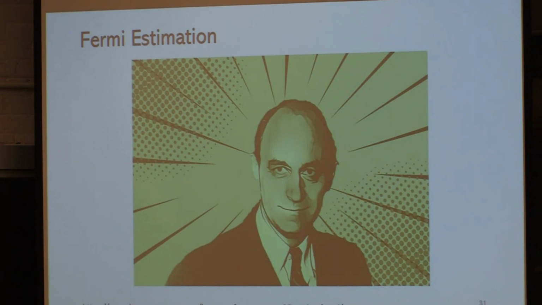When he was working on the Manhattan Project, apparently when some atomic explosion was being tested, he was in his office, which was not that far away, and he just dropped a few pieces of paper and then measured how far those pieces of paper traveled, maybe 20 centimeters or something like that.